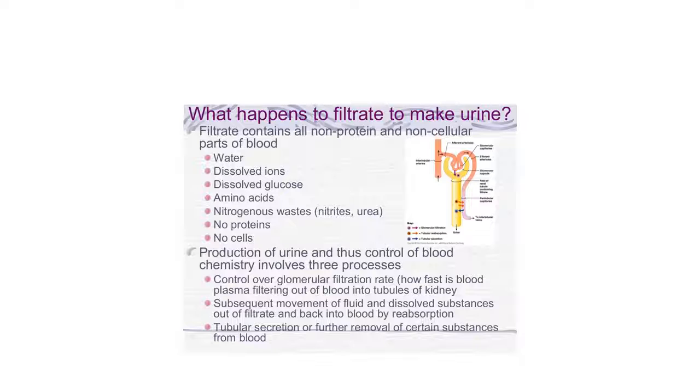Poisonous waste. Urea, not reabsorbed. It remains in the nephron. It becomes concentrated closer to the end of the nephron, and then it is normally lost with urine. And also, the last bullet point says tubular secretion, or further removal of certain substances from blood, also occurs during the making of the urine.